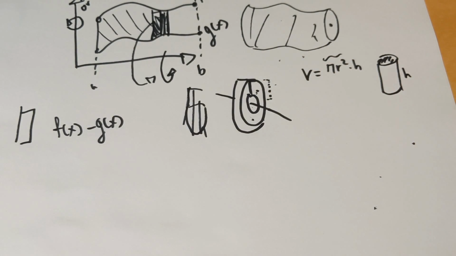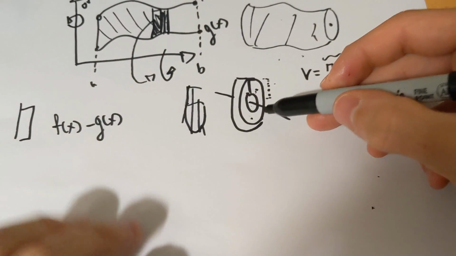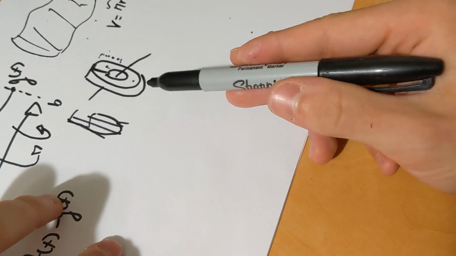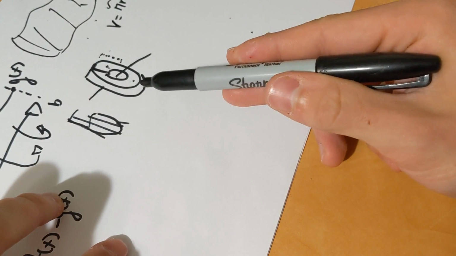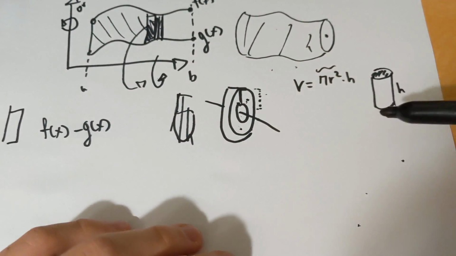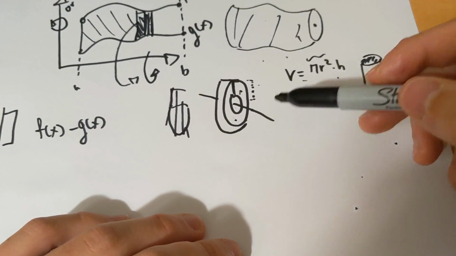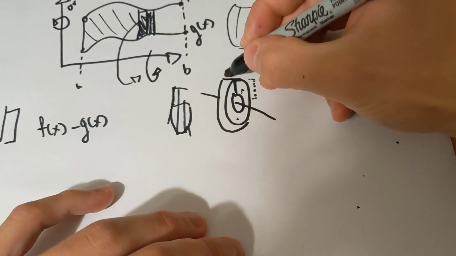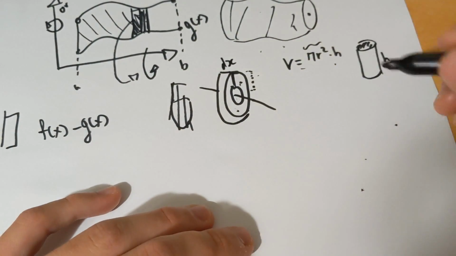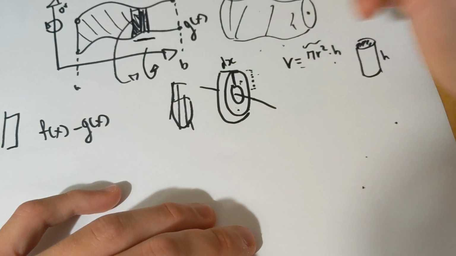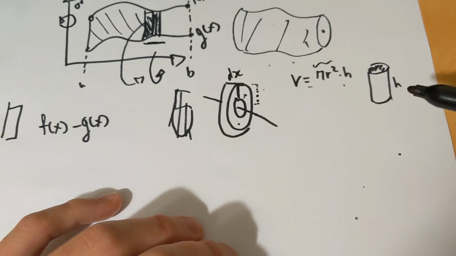So we can use this to our advantage. If you flip it, this is just a cylinder. Now this cylinder has height dx because we're changing in the x direction here.